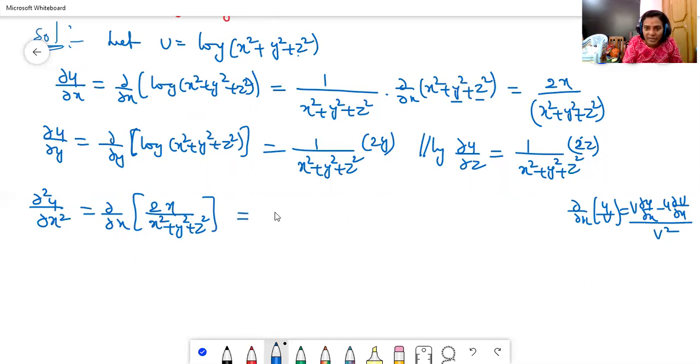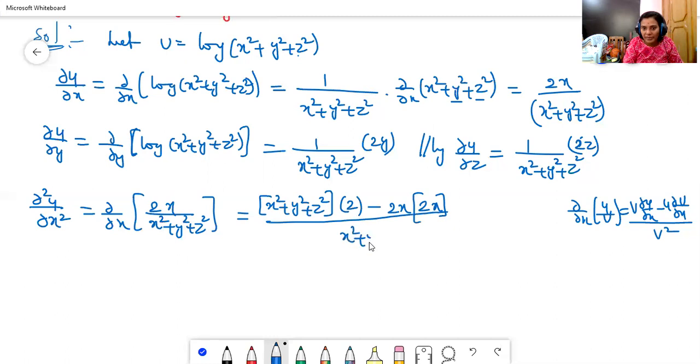So first we take v function, x square plus y square plus z square, into dou u by dou x of 2x, that is only 2, x differentiation is 1, minus u is 2x, and v differentiation with respect to x is again 2x.